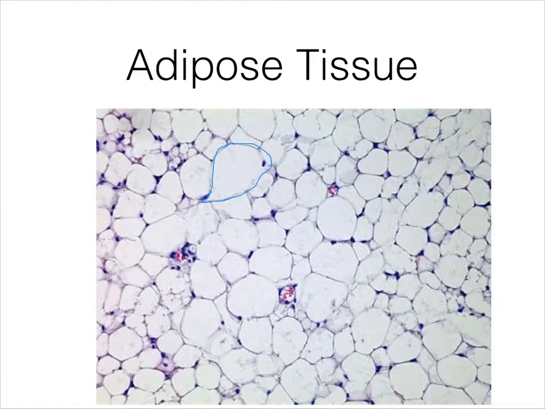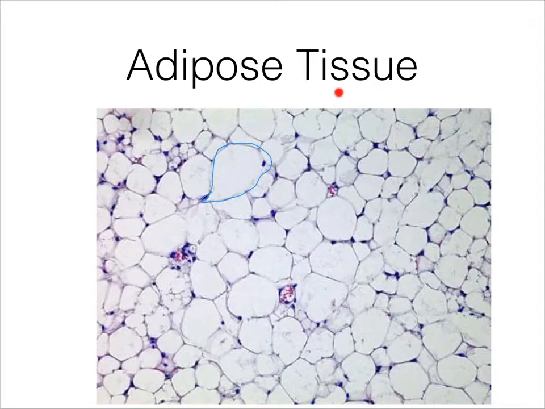The cells will be relatively densely packed together, but because the cells are so big, the nuclei will be spaced fairly far apart from one another. You can tell it's not epithelial tissue because, first off, there's no epithelial tissue that looks like these type of cells.